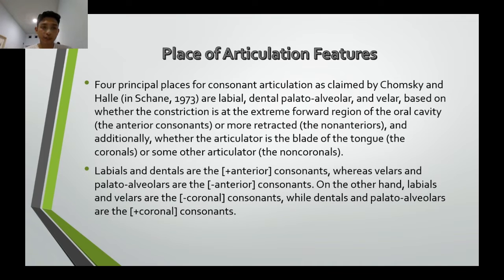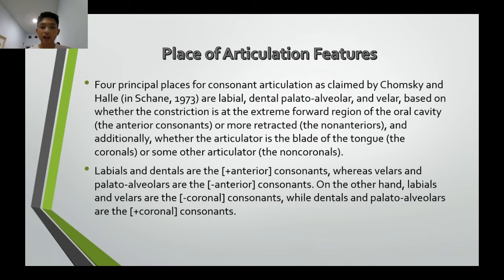Place of articulation features. Four principal places for consonant articulation, as claimed by Chomsky and Halle, are labial, dental, palato-alveolar, and velar, based on whether the constriction is at the extreme forward region of the oral cavity, the anterior consonants, or more retracted, the non-anterior, and additionally whether the articulator is the blade of the tongue, the coronals, or some other articulator, the non-coronals.